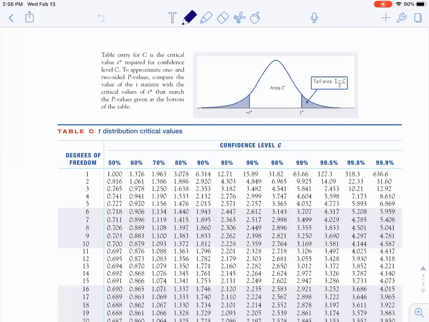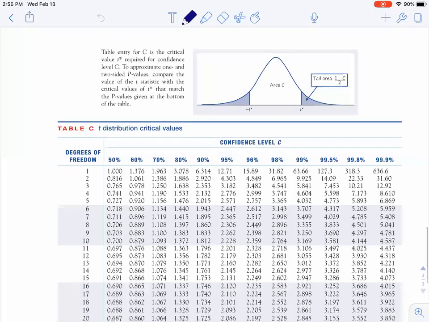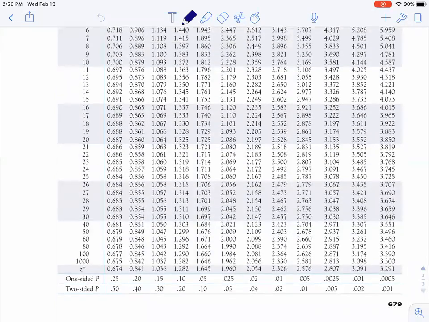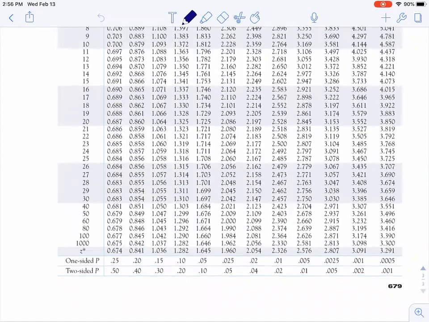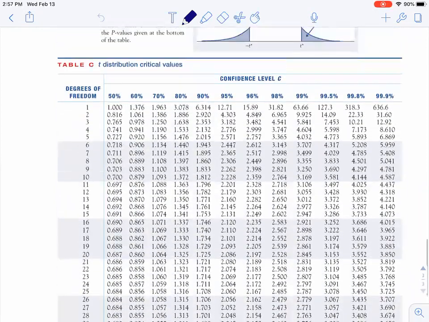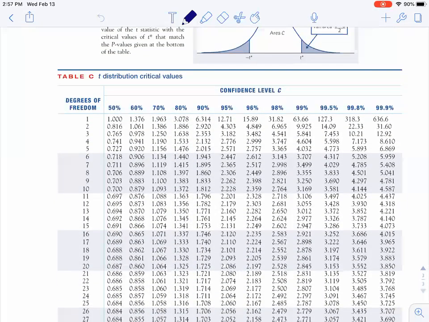And then if you scroll down to the bottom, you've got Z star at the bottom. So you can ignore everything else for a little bit, right, for another couple of classes or so. You can ignore everything except for this Z star line, because it's just going to be a little bit easier. So if we want the central 90%, that's the confidence level of 90%.